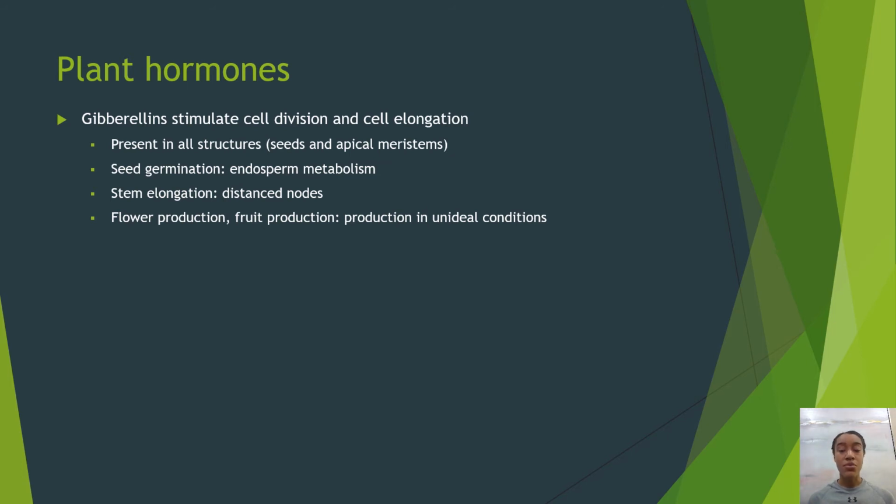For example, we can apply gibberellins to plants to stimulate them to make fruits, even though fertilization may not have occurred or anything like that would normally dictate a fruit to be made. This is one way we can end up with seedless fruits: we're causing the plant to start making fruits, even though under normal conditions they would not because fertilization hasn't occurred.